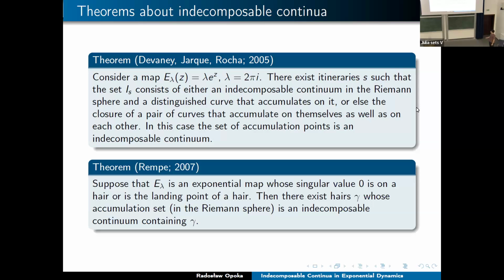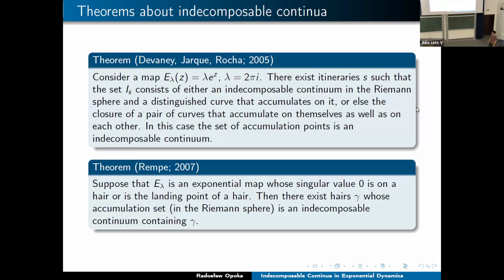The fourth theorem is by Rempe. For general lambda, only if the singular value 0 escapes or is the landing point of a hair, there exists a hair for which the accumulation set contains the hair itself, and this accumulation set is an indecomposable continuum.